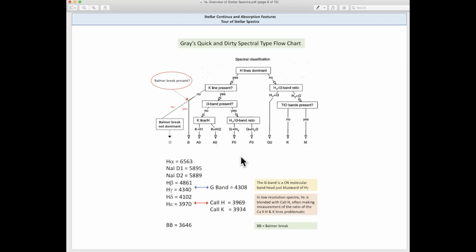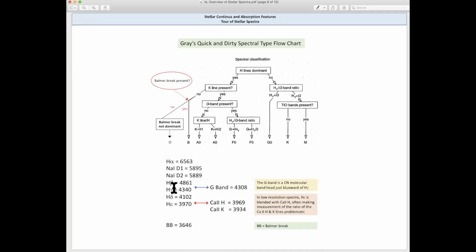Here are the things that are important to look for in terms of this chart. H alpha, 6563, H beta, H gamma, H delta, and epsilon. Those are H lines. He doesn't really talk about sodium, but I put it in here. Your sodium doublet, 5895, 5888.